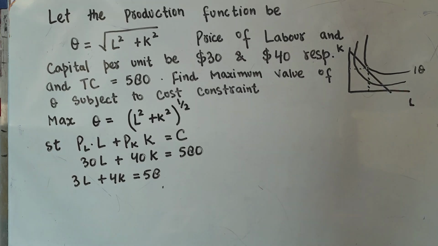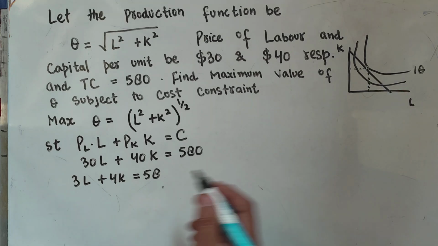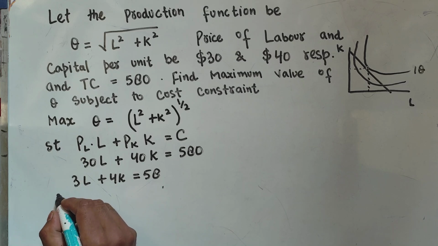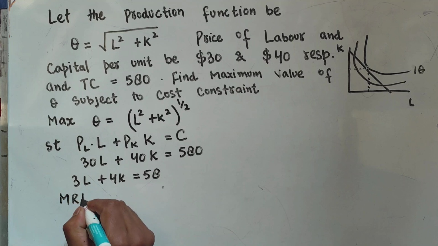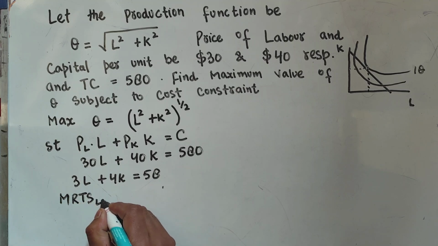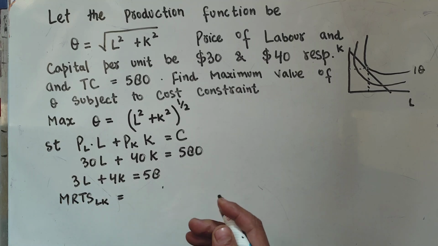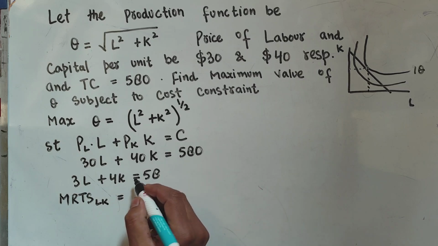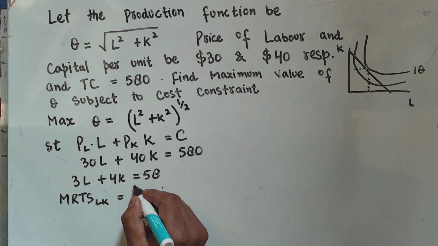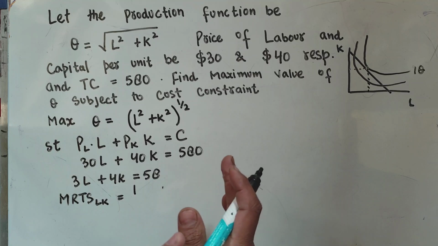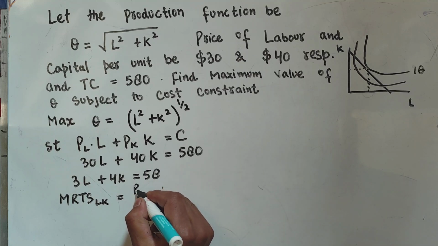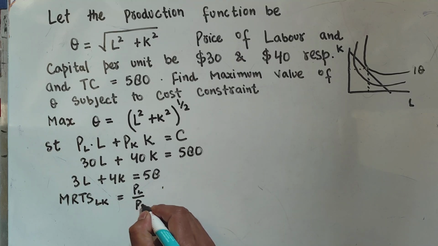Now at this point, what condition is satisfied? For maximization, this relation should hold, that is, the marginal rate of technical substitution between labor and capital should be equal to the input price ratio, price of labor upon price of capital.